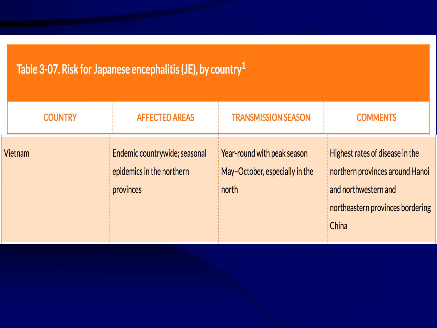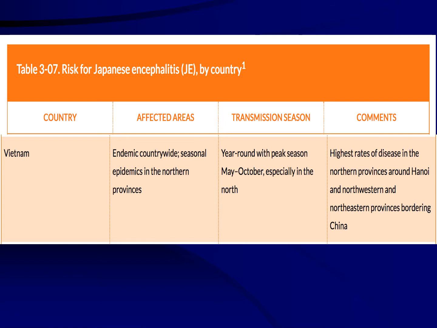So once we go into the table, we look at Vietnam and we can see that the affected areas do say endemic countrywide, seasonal and epidemics in the northern provinces. We see that transmission season is year-round with a peak season in May through October, especially in the north. And we also see that the highest rates of disease are in the northern provinces around Hanoi and northwestern and northeastern provinces bordering China.